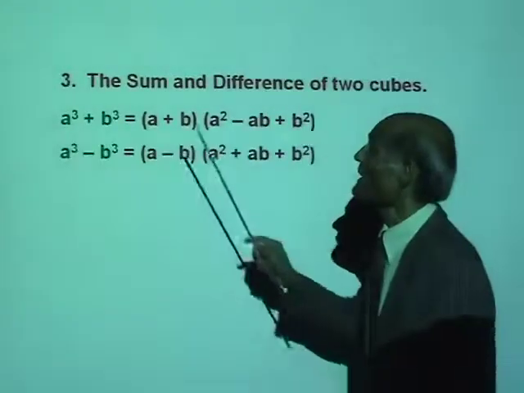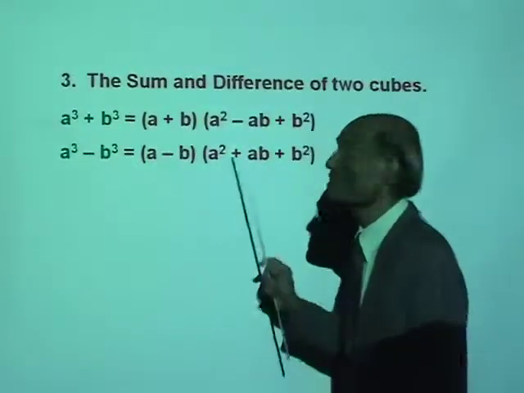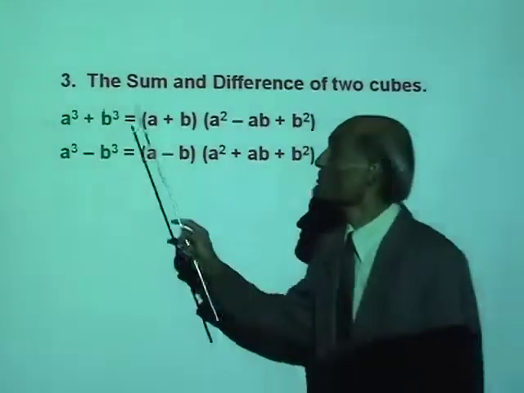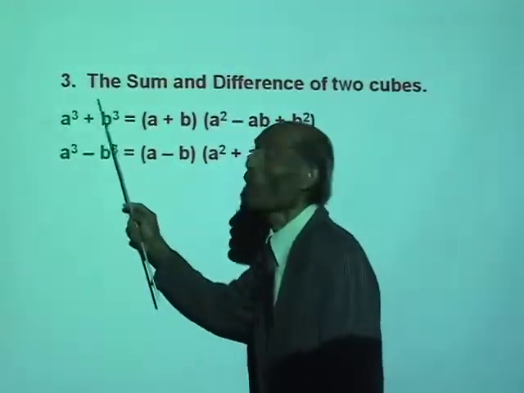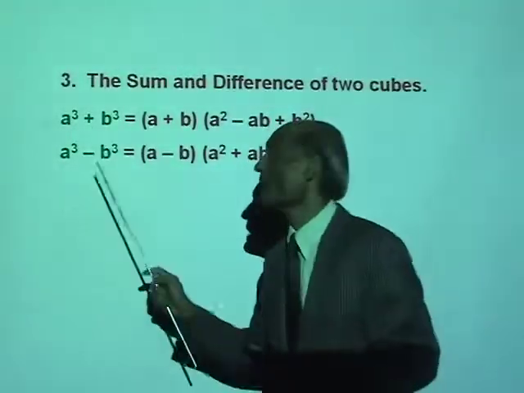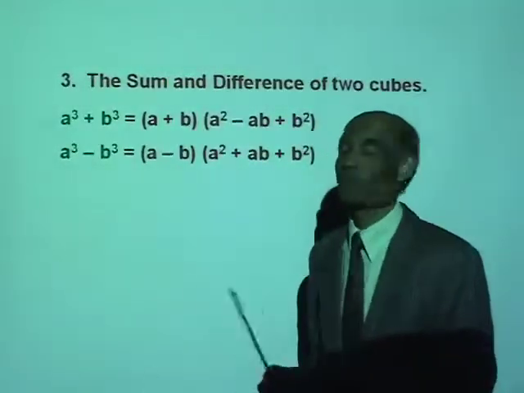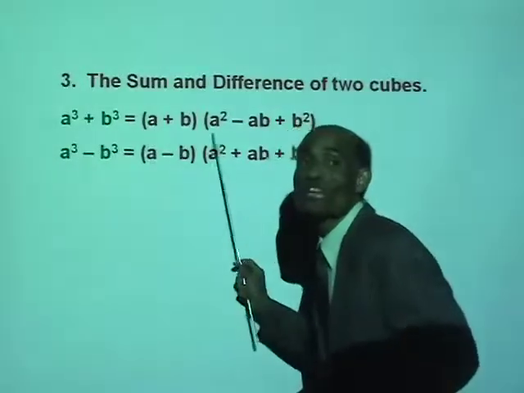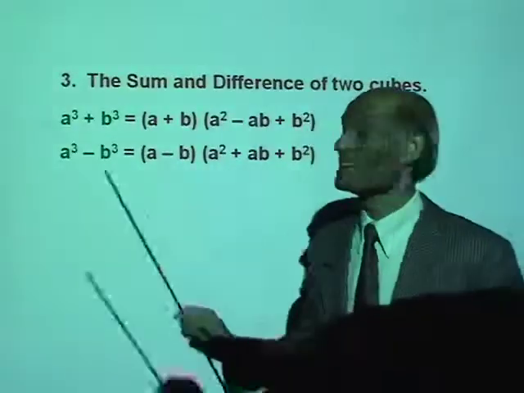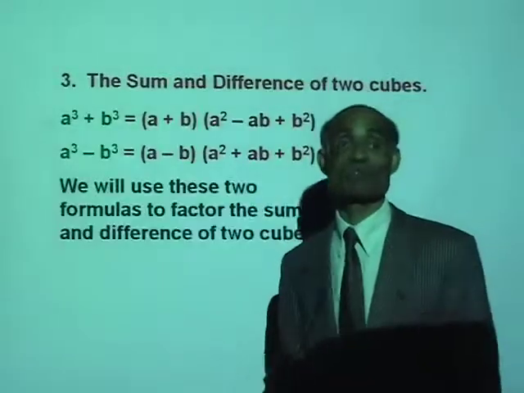Alright? And a cube minus b cube is a minus b times a squared plus ab plus b squared. This is called the sum of two cubes. The sum of a cube and b cube. And this is called the difference of two cubes. That means if you know these two formulae, you can factor any sum of two cubes or difference of two cubes.